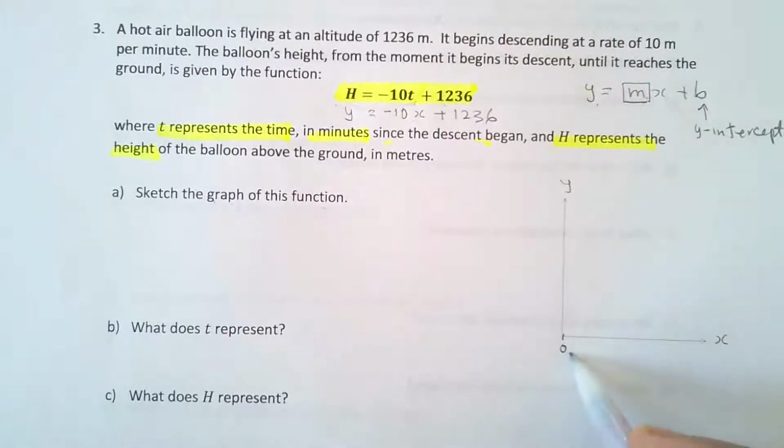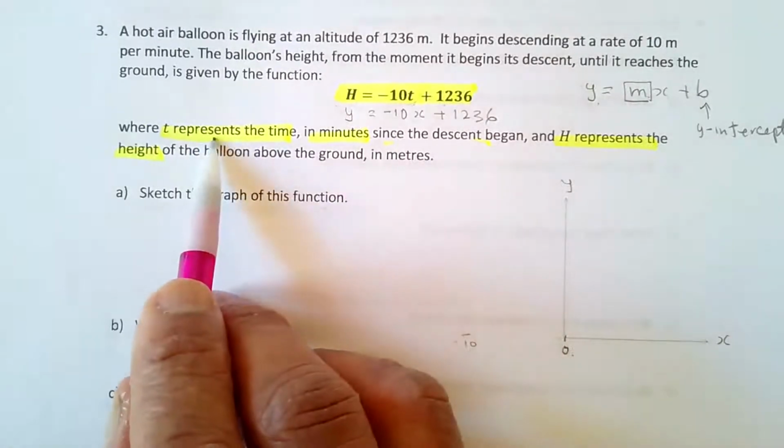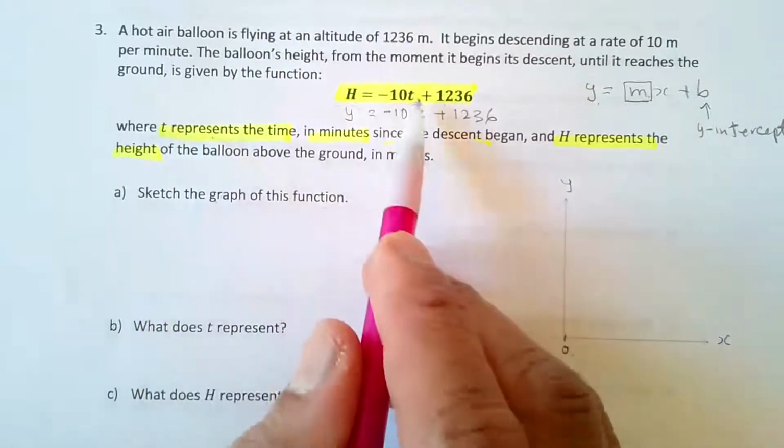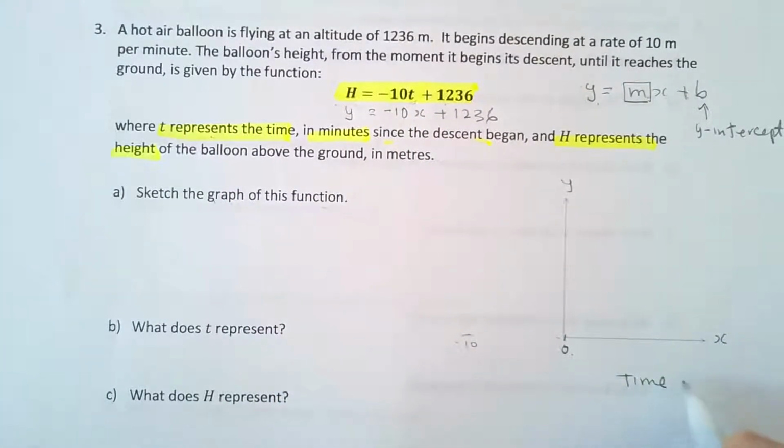So now this is your restriction on your range and domain. Because you cannot go below ground level and you cannot go back in time. If you were to have a negative here, say -10, you're going back in time. Because it tells us that t, which is your x now, this is your time, and it represents minutes.